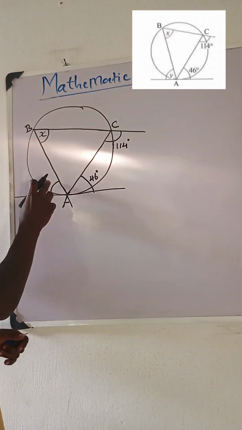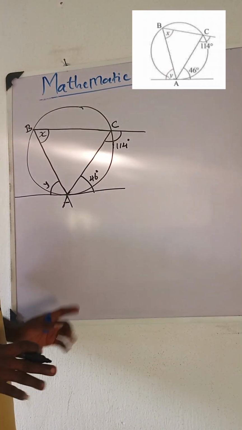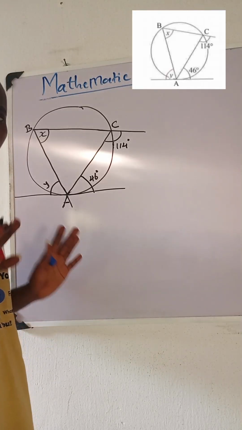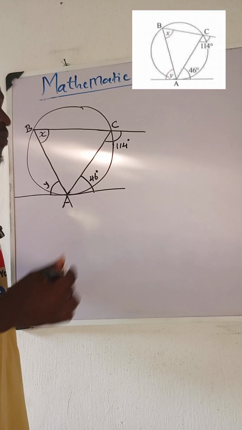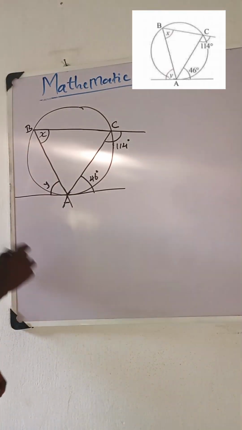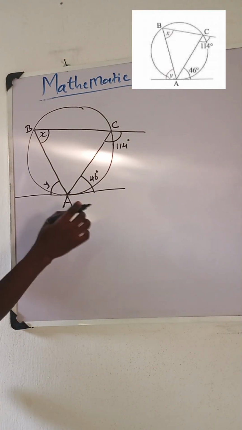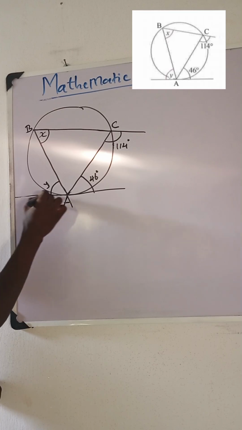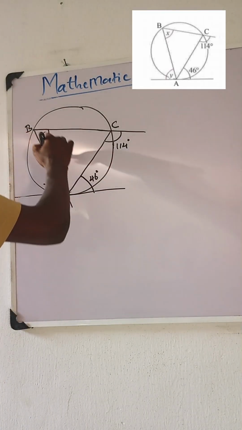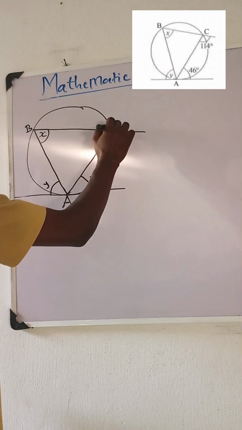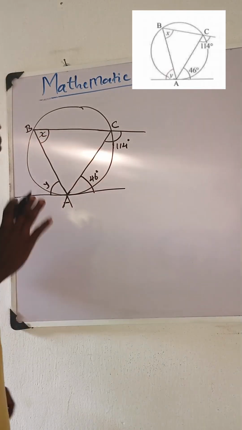Now, before we can calculate this angle and this angle, there are some basic principles you need to know. The basic principle is that what? The angle between a tangent, this line here is a tangent. Now, this line here is a chord. This is another chord, right?